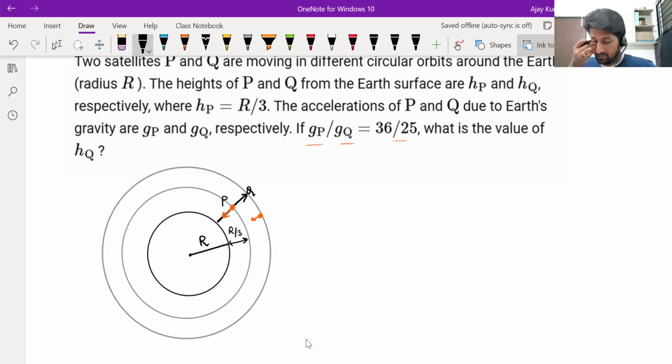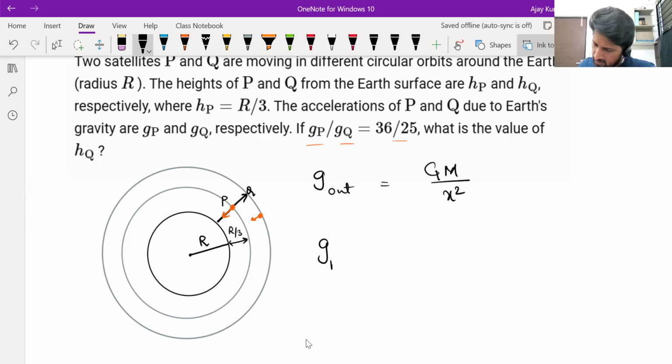So they gave the ratio of gravity at P to gravity at Q. Now P and Q are both outside the Earth, outside the solid sphere. Gravity outside a sphere is GM by x square. Acceleration due to gravity is nothing but gravitational field, and the gravitational field outside a sphere is the same as that of a point mass, GM by x square.